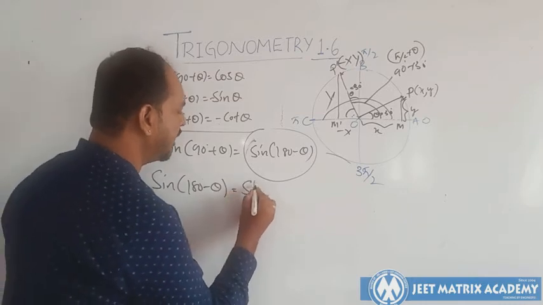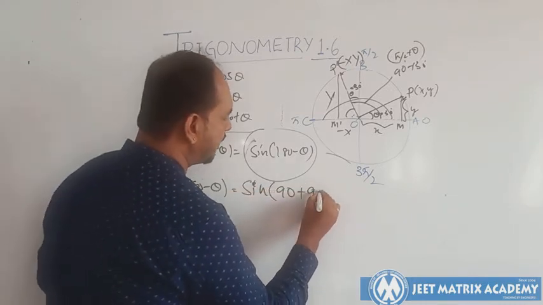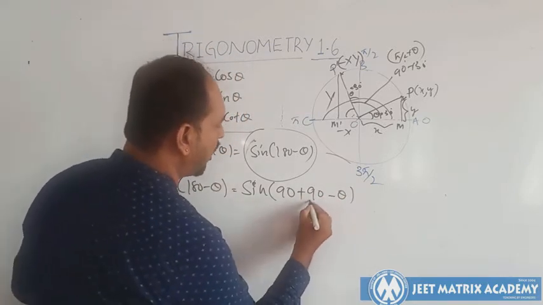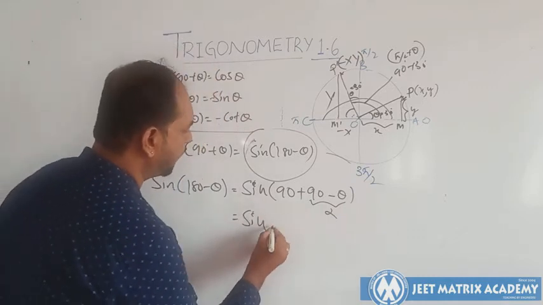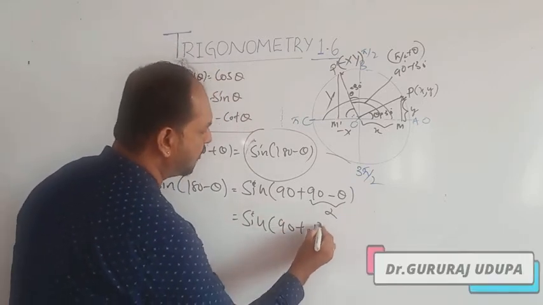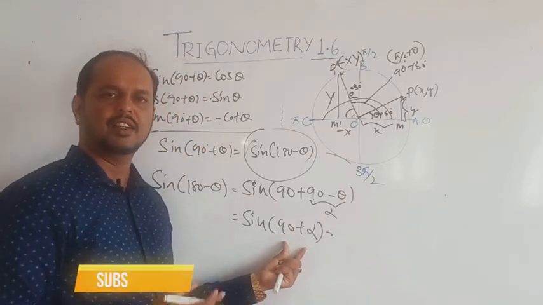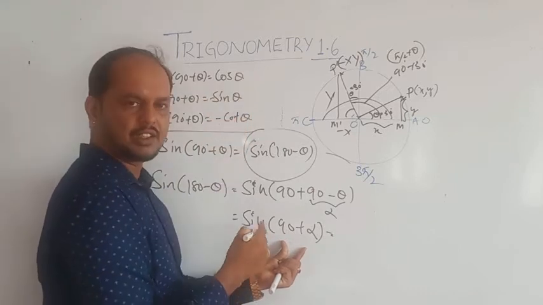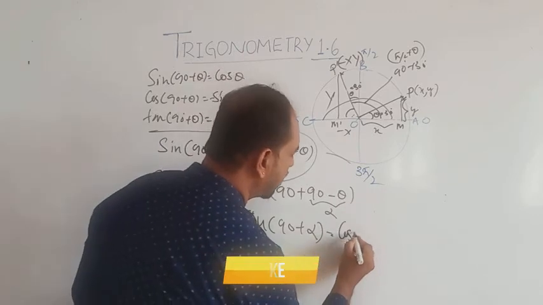Can I write it like this? sin(90 + (90 − θ)). 90 plus 90 is 180. So I'll consider 90 minus theta as alpha. So sin(90 + α). What is sin(90 + α)? Connect it to sin(90 + θ), which is cos θ. So sin(90 + α) is cos α.